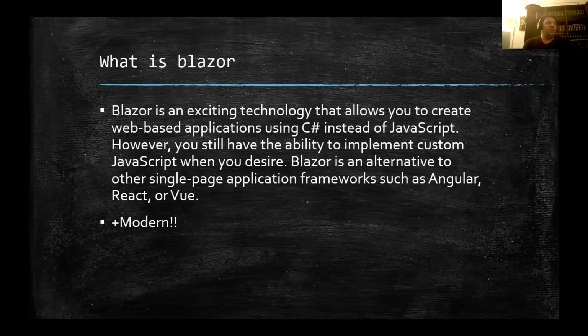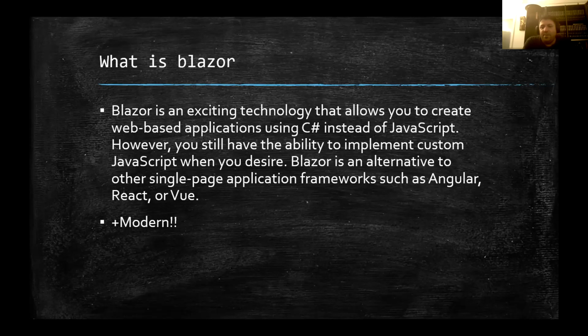What is Blazor actually? Blazor is a technology that allows you to build web applications, which we all use a lot every day, using C# instead of JavaScript. It has some similarities with Angular, React, and Vue. You can build rich, component-based applications.